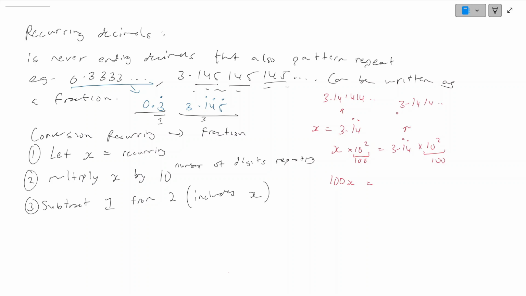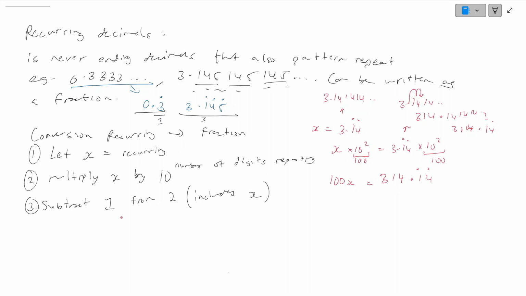If you're multiplying by 100, if you remember from the decimals to percentages conversion, you will move it 2 places to the right, which would make it 314.141414 and so on. Therefore, we just have 314.14 recurring. So 100x is equal to 314.14, where 1 and 4 are recurring.